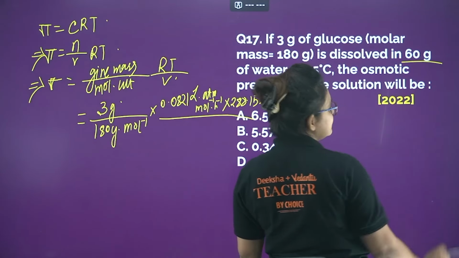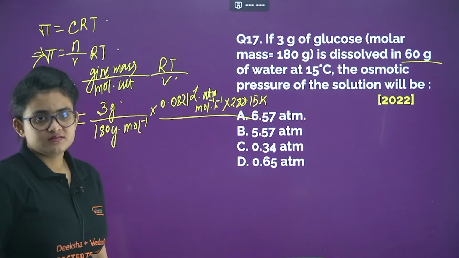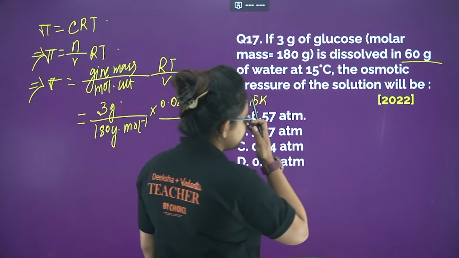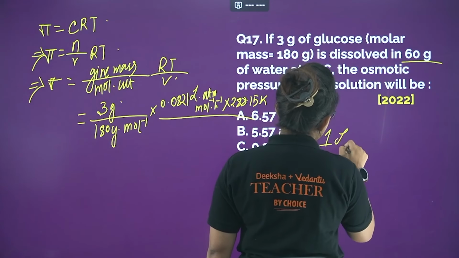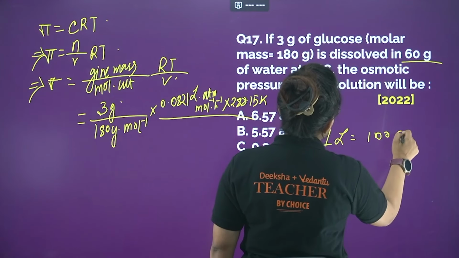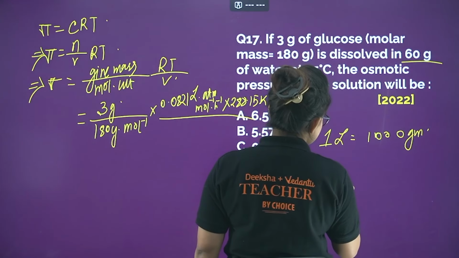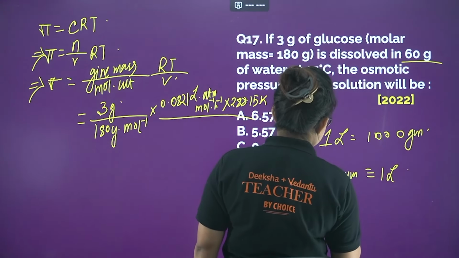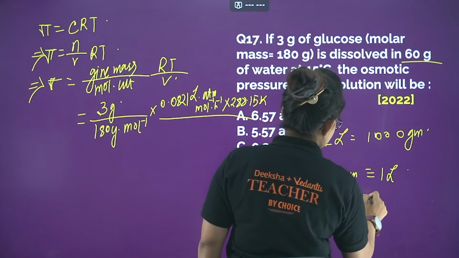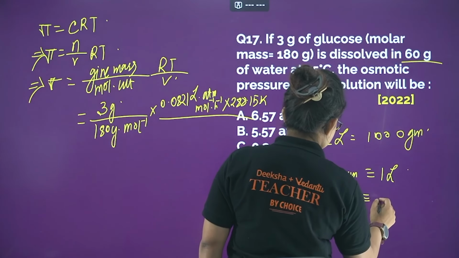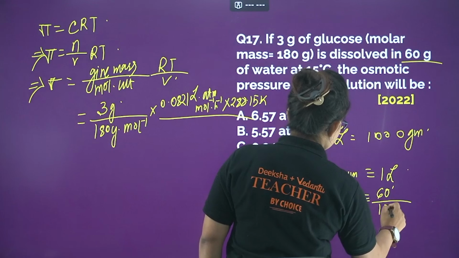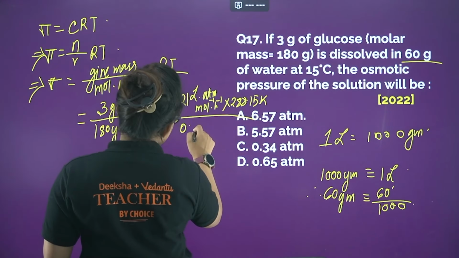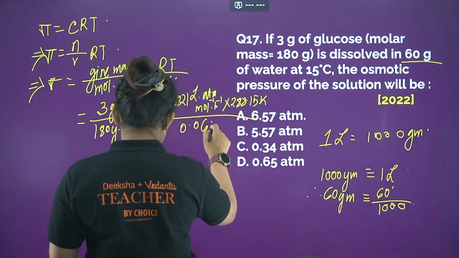60 gram of water they said. You know the density of water is 1, right? So for that particular case you can just compare, 1 liter is equal to 1000 gram. So unitary method actually you can use. 1000 gram is equivalent to 1 liter, and hence 60 gram is equivalent to 60 divided by 1000, so definitely you are going to get 0.06, that is in liter.